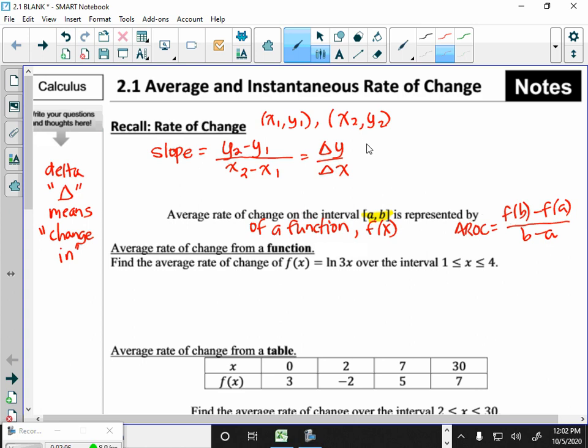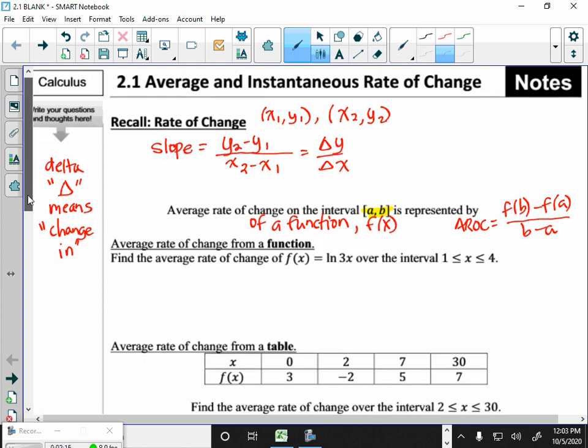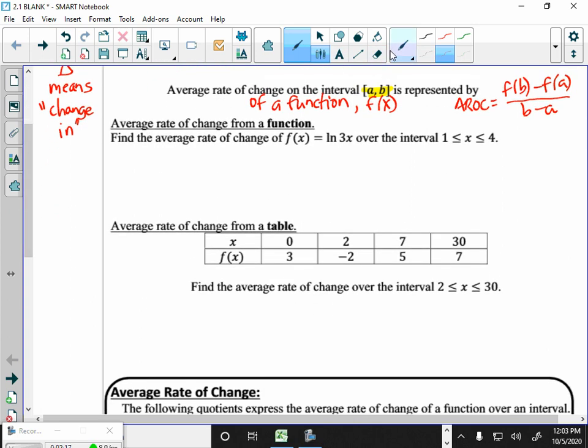So let's give one a try. Find the average rate of change of a function. And so let's go ahead and highlight our function and our interval. So now, I like to write these out, f of x is equal to the natural log of 3x. And we're on the interval from 1 to 4.